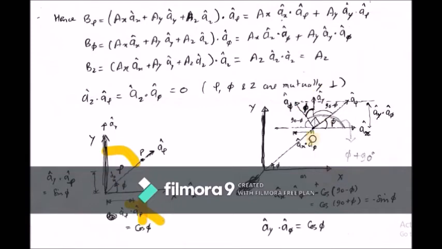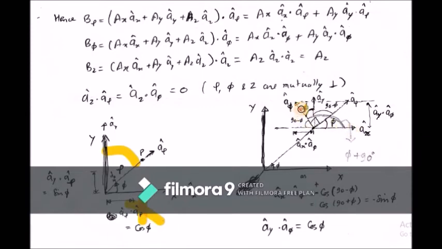Now I have to find the dot product. So what will ax dot a phi be? See, ax is in this direction and a phi is in this direction, so its dot product must be negative because it will be somewhere here. If I use just the mathematics, then what is the angle between ax and a phi?